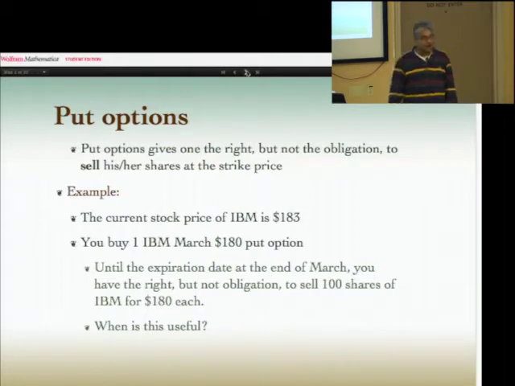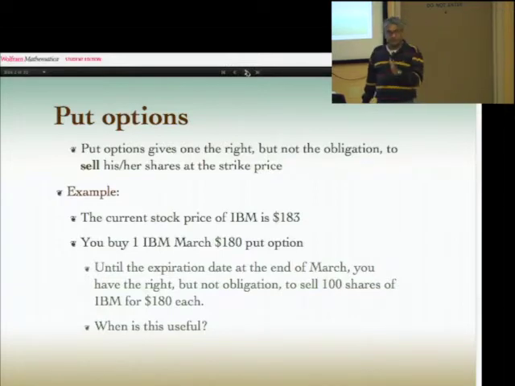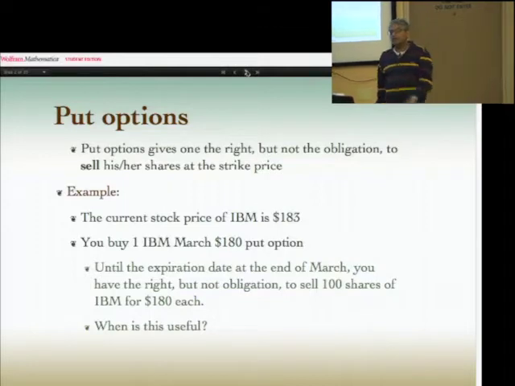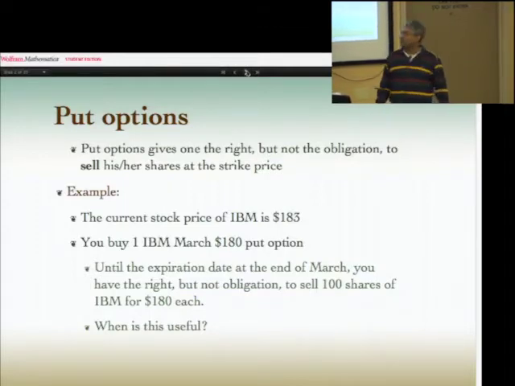It expires in March, so it's the third Friday of March. As I told you in the last class, option expirations in a given month always occur on the third Saturday. The last trading day is the third Friday of that month, and then the option officially expires Saturday, when there's no trade, of course. And then the strike price of this contract is $180.